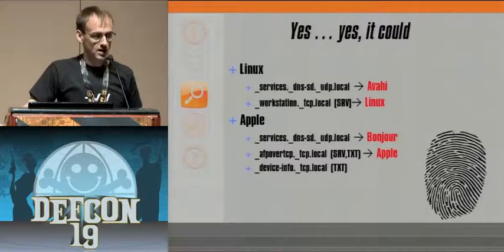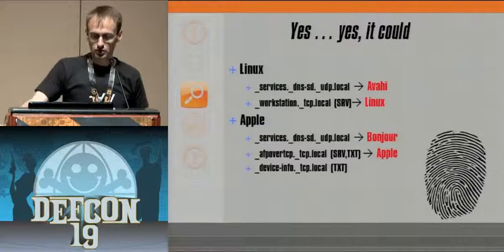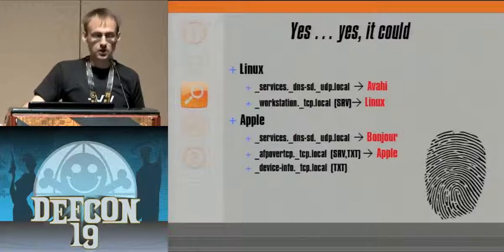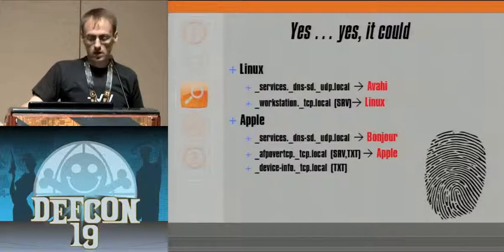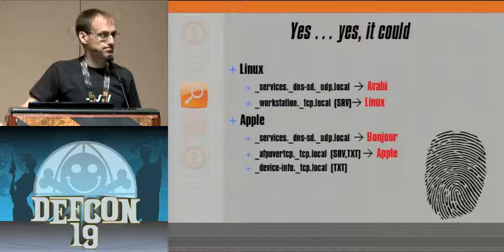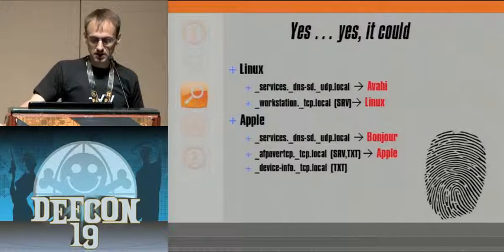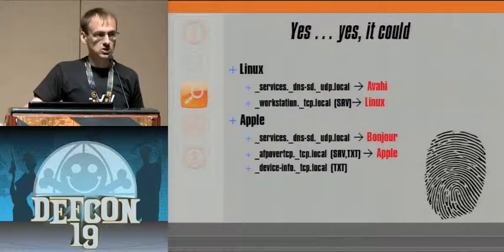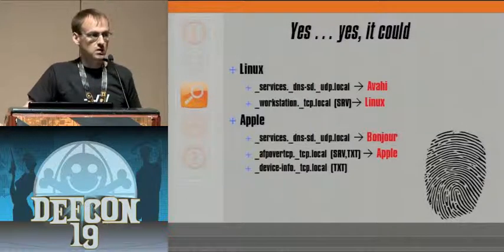Yes, it could. If you have _services._dns-sd._udp.local, and you have _workstation._tcp.local, and in particular the service record, then you're pretty much dealing with a Linux box. If you have _services._dns-sd._udp.local, _afpovertcp._tcp.local, and that's the service and text record, on that host, as well as _device-info._tcp.local, text record, then guess what?